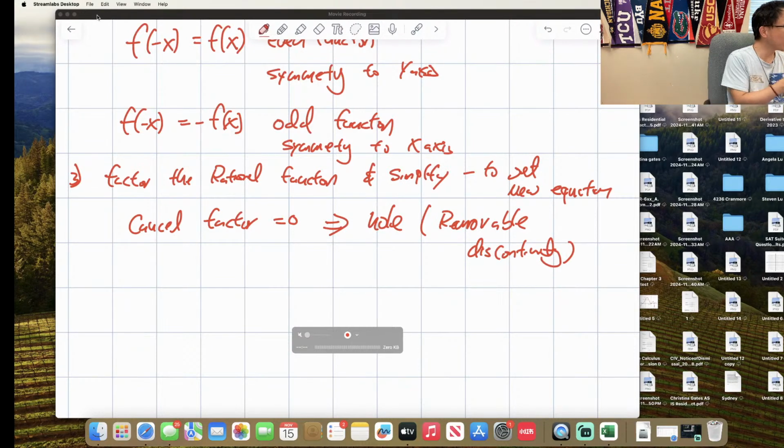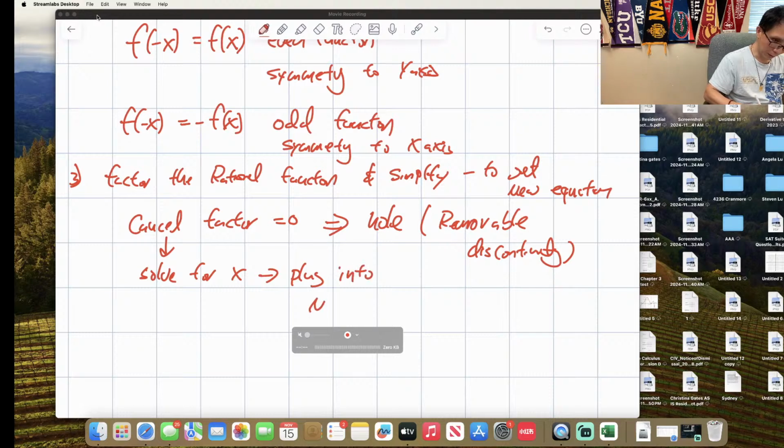You set a canceled factor equal to 0, and that's going to be the hole. Now, if you want to find the coordinate of a hole, you solve for x, and plug that into the new equation. We did that yesterday. If you look at the notes, plug into the new equation.